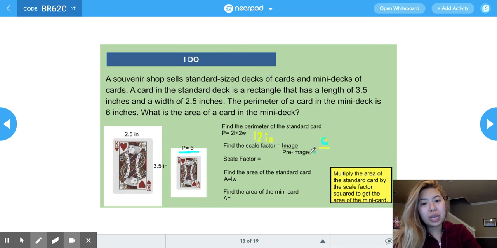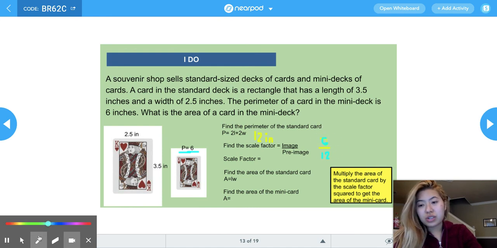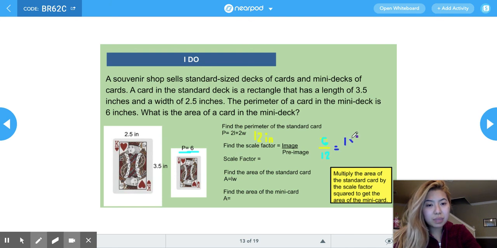And then our pre-image perimeter is 12. So we always have to start with the dilated image's perimeter on top. So we have 6 over 12. We're going to reduce that. So the factors of 6 are 1 times 6. The factors of 12 are 2 times 6. The common factor is 6. So that means that 6 over 12 can be reduced to 1 over 2. So our scale factor is half.